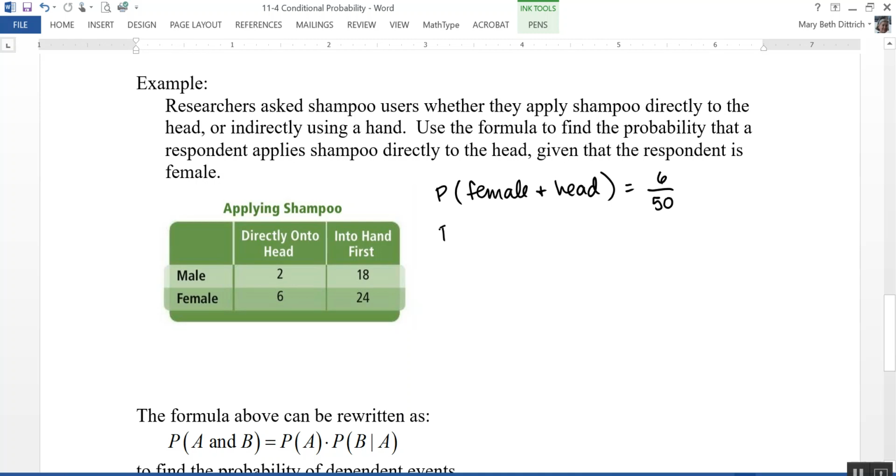Okay, then what is the probability that a respondent chosen at random is female? There's a total of 30 females, adding 6 and 24, out of a total of 50 respondents.